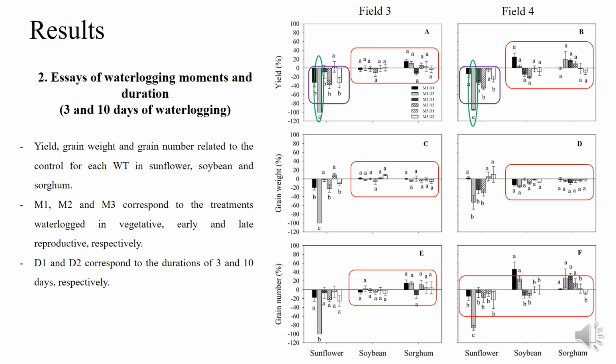But 10 days of waterlogging during the vegetative stage was the main reduction, which is interesting because it didn't happen in the normal critical period for sunflower, which is between R1 and R6.